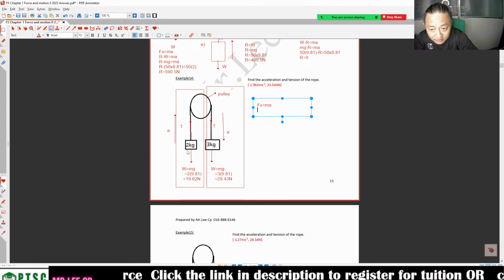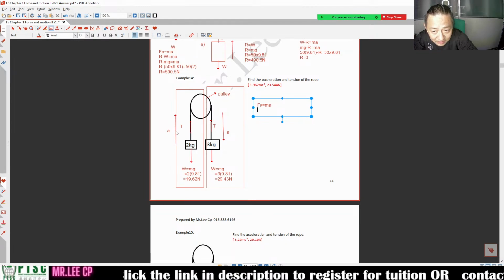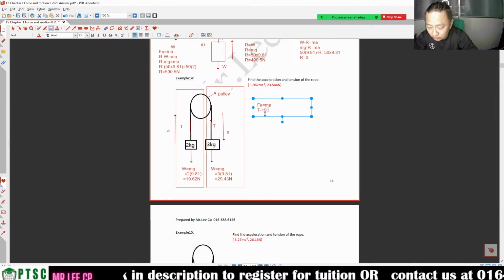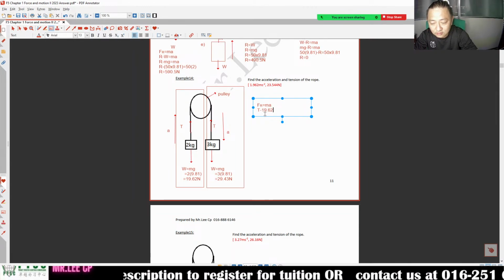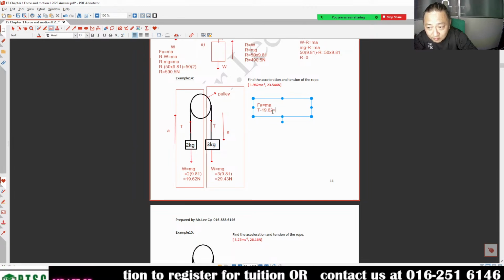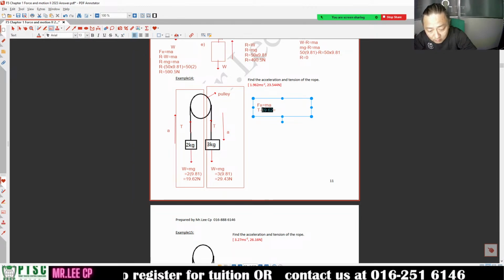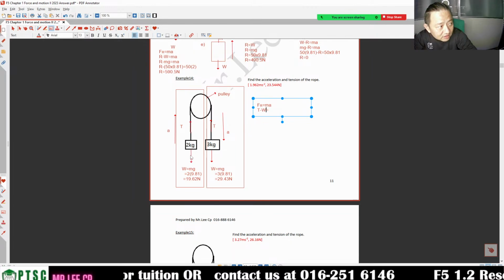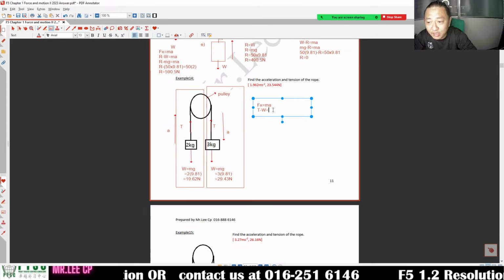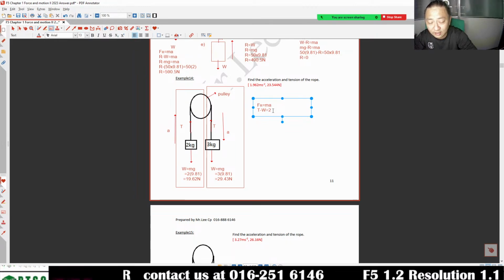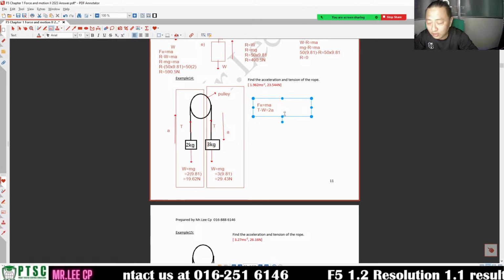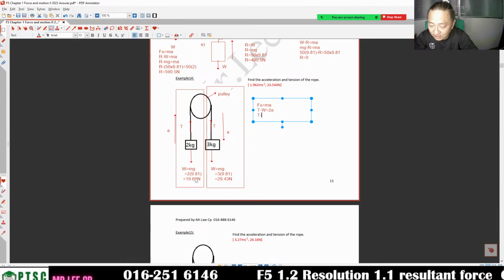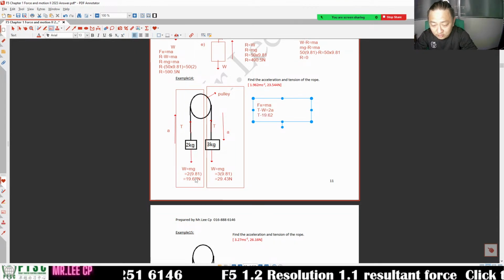Because this one goes upward, I say T minus W, the bigger minus the smaller, is equal to MA. M is 2, A we don't know. Now we know W is 19.62 already. So T minus 19.62 is equal to 2A.